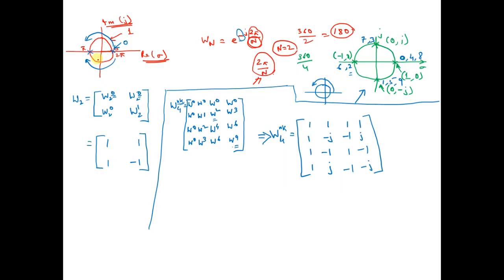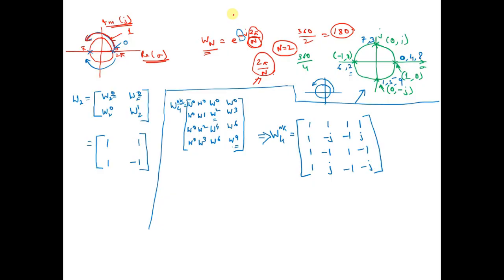But if you remember, when we were discussing Wn, what is happening? We are having e to the power minus j 2 pi by n. Under normal circumstances, if we want to calculate the angles, we go in the anti-clockwise manner.